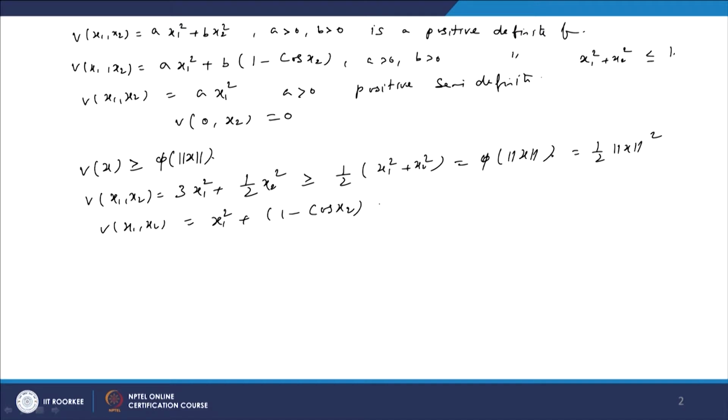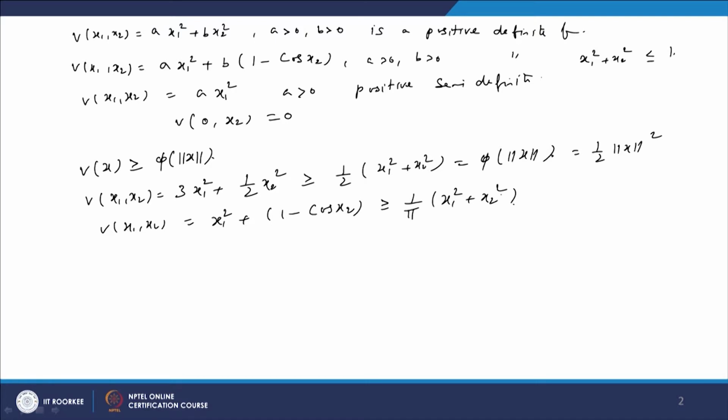So how to find a function phi for this one? It can be verified that it is greater than or equal to 1 by pi times x1 square plus x2 square, which is the function phi. So for any positive definite function we can find a function of class K satisfying this condition.